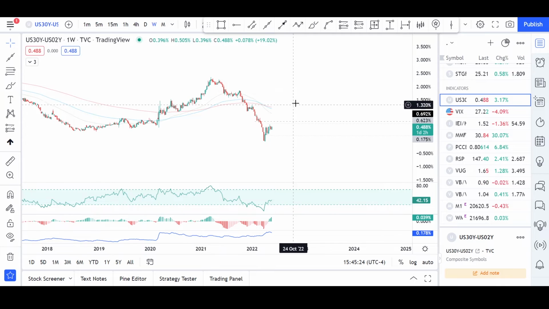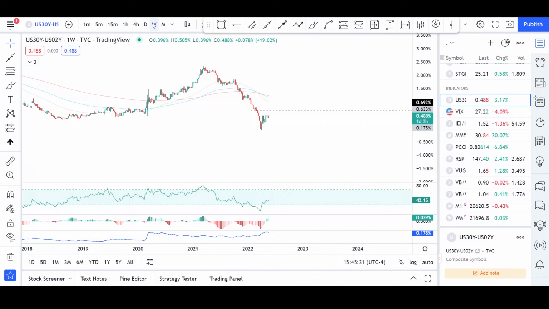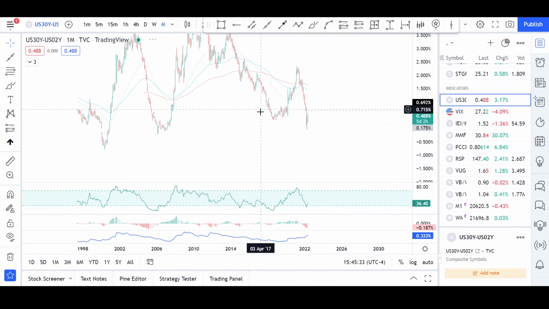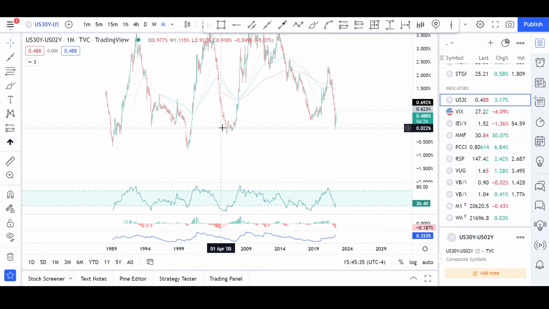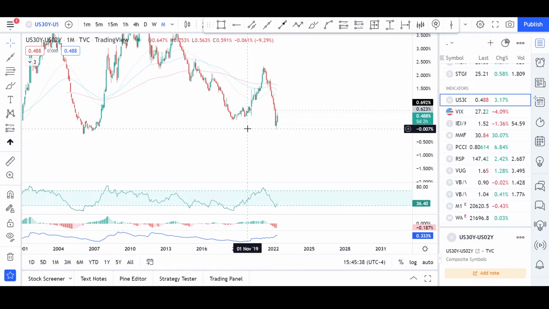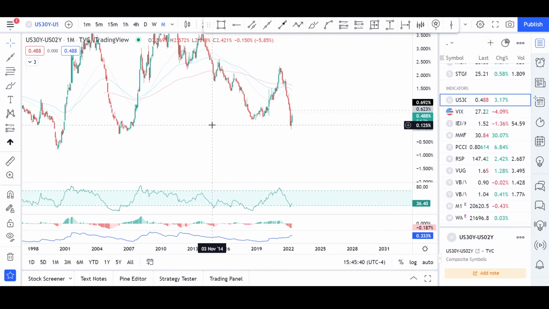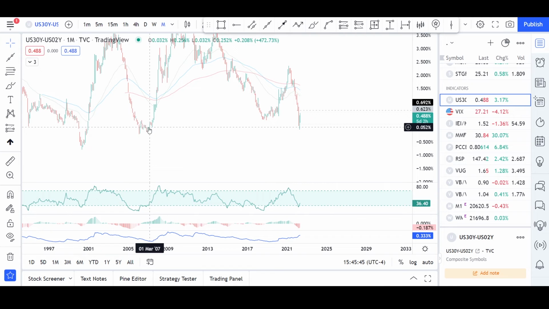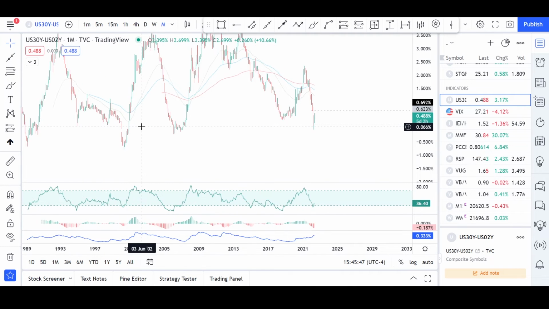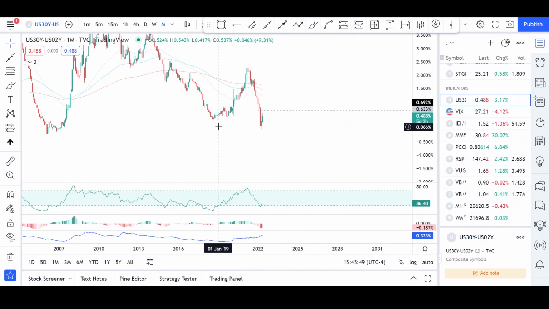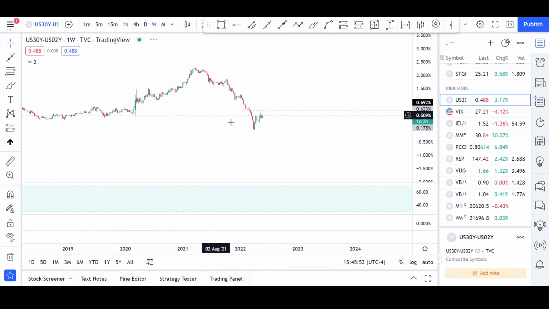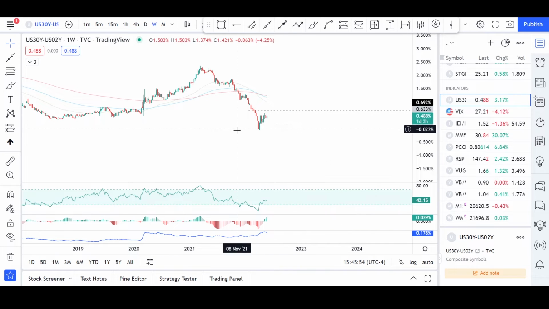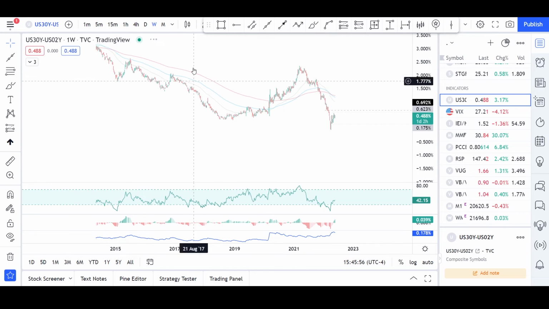Right now, there is a chart of US 30 yields minus US 2 yields, and this one is showing that after this major slump that could indicate a crisis, we are bouncing off firmly, but there is still a threat that this may lead to a possible financial crisis down the road.